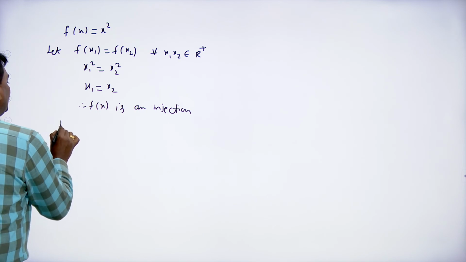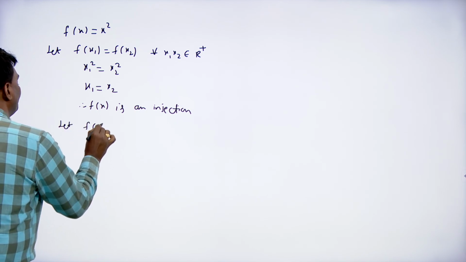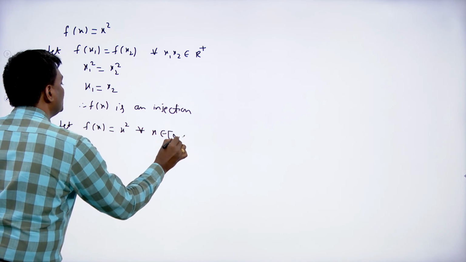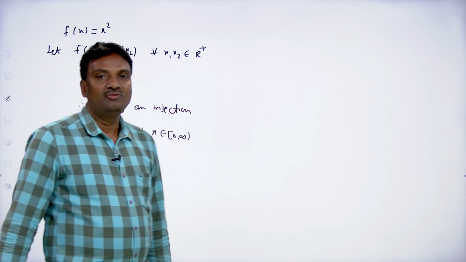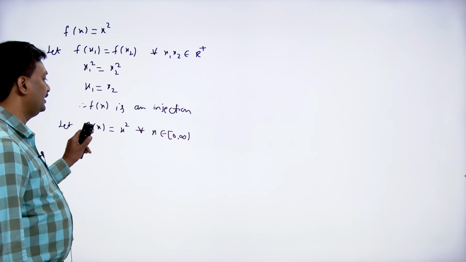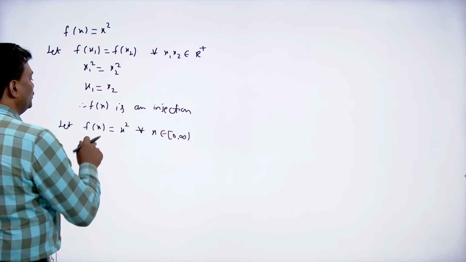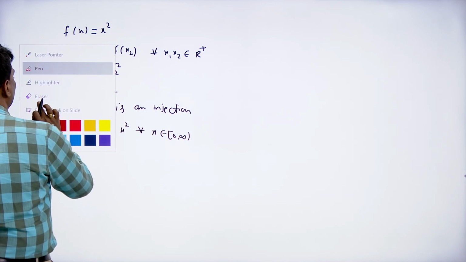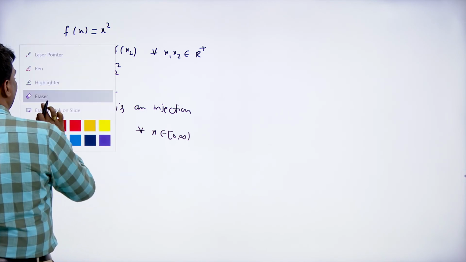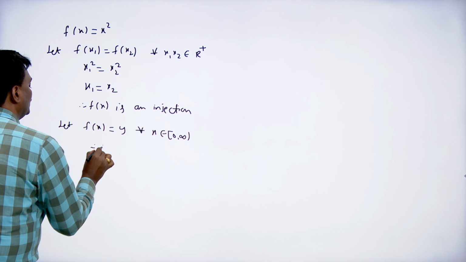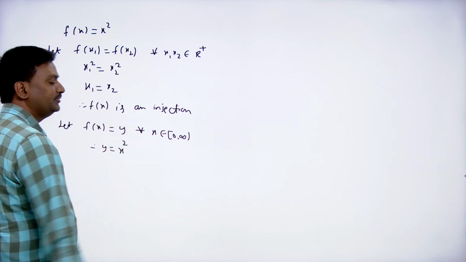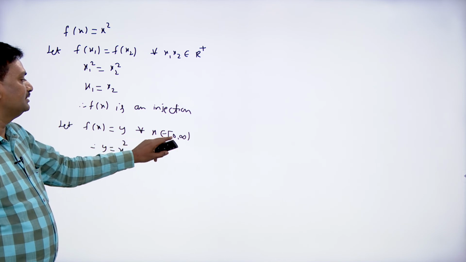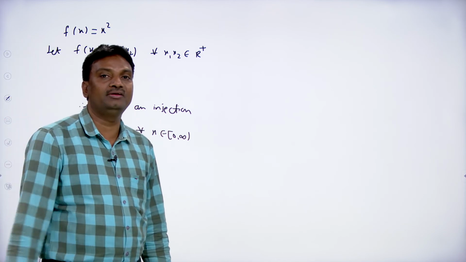So here let us consider f of x equal to x square for all x belongs to 0 comma infinity. Let us consider f of x equal to y. So y equal to x square. In place of x you must take the values in the interval 0 comma infinity only.